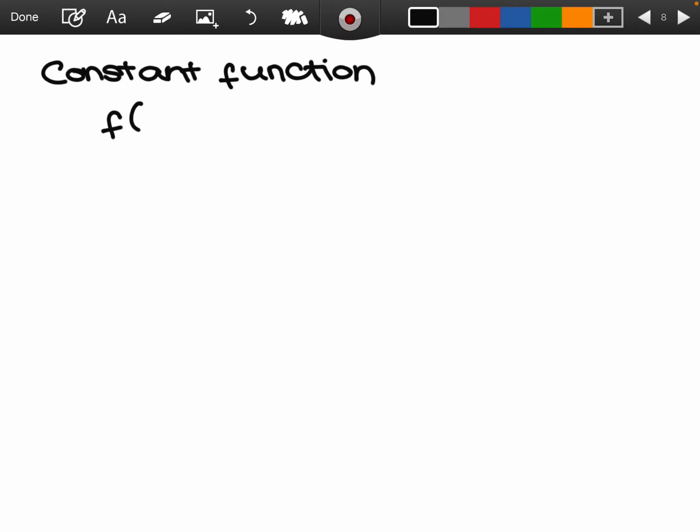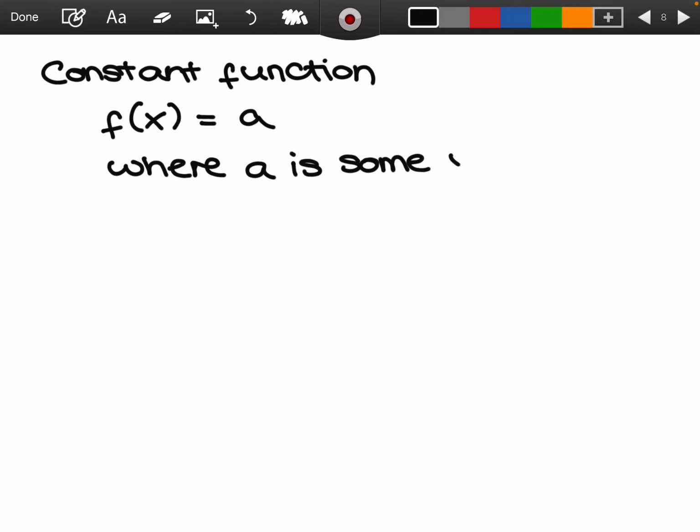I want to discuss a couple common types of function that you may come across. First thing is a constant function. The constant function looks like this. f of x is equal to a, where a is just a constant.